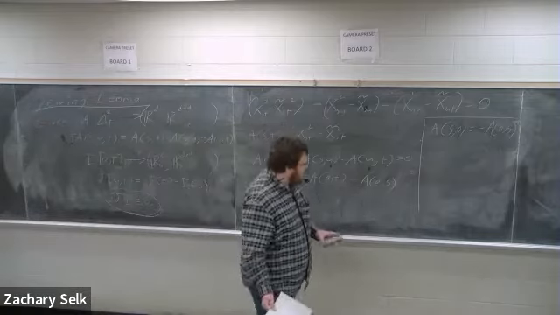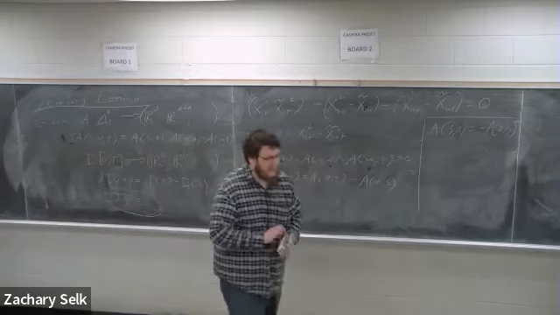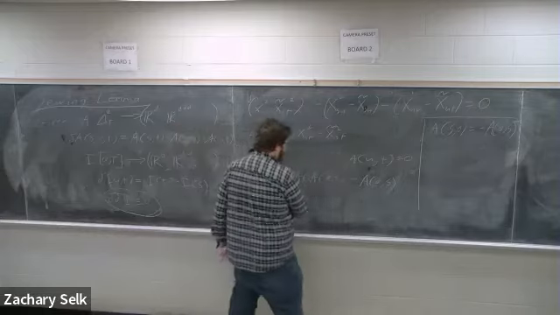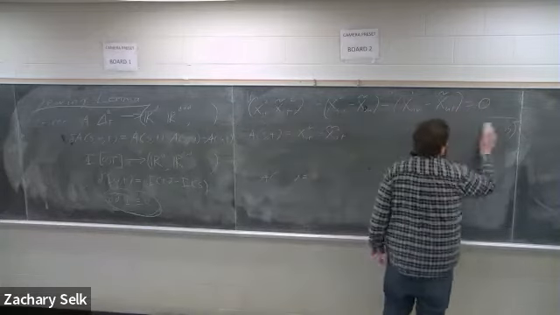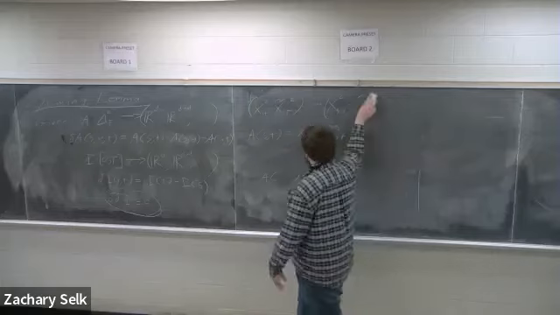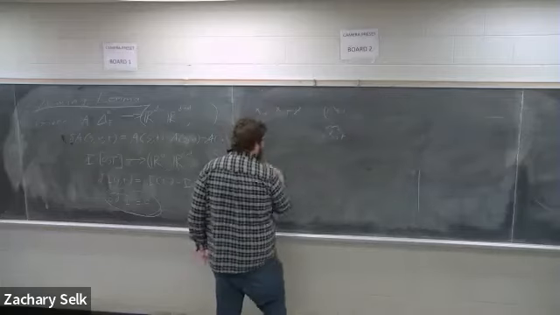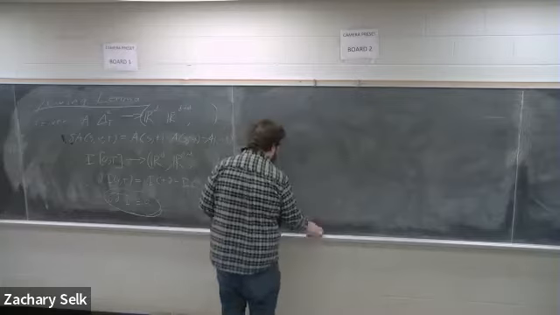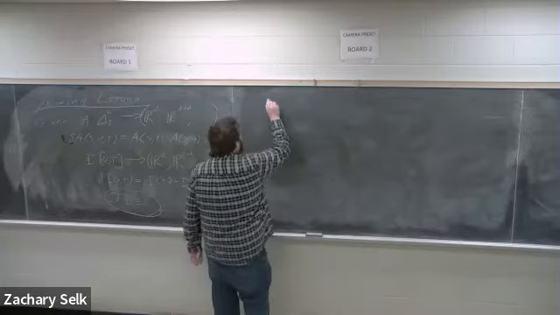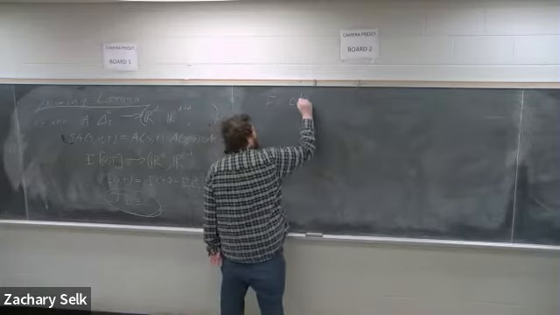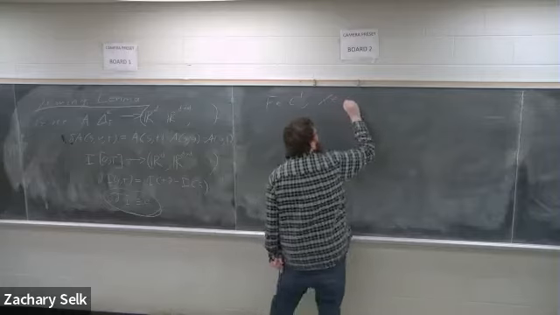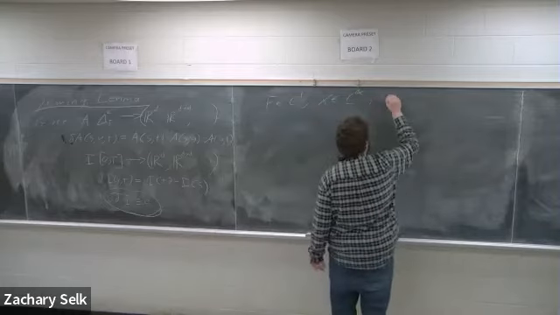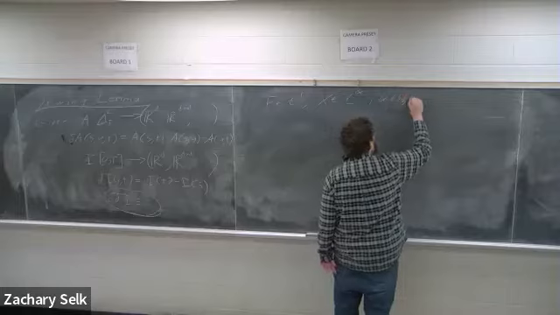Let me give a hint of why we would care about this, and it comes back to another example that we had talked about. The other computation was, remember, if f was in C1 and x was in C alpha, say alpha between 1/3 and 1/2.